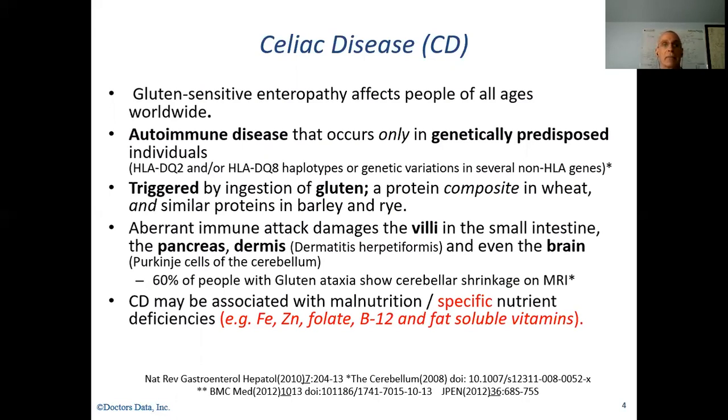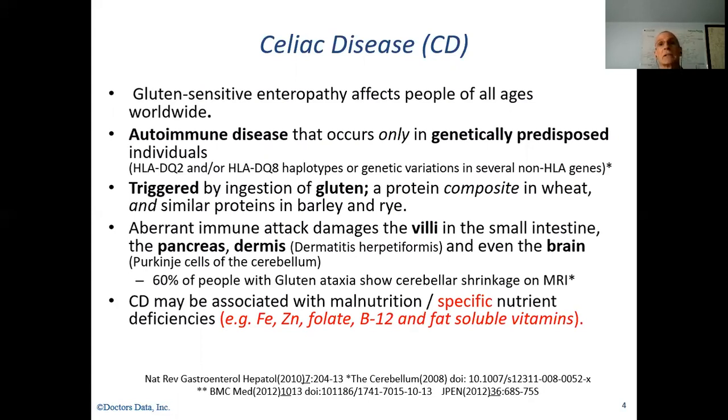It causes an aberrant immune attack that damages not only the villi in the small bowel, but also the pancreas, type 1 diabetes, the skin, dermatitis herpetiformis, and even the brain, where it attacks the Purkinje cells in the cerebellum, and that's when we get the gluten ataxia. And it has been demonstrated that about 60% of celiacs with gluten ataxia actually show cerebral shrinkage on MRI. So it's pretty serious stuff.